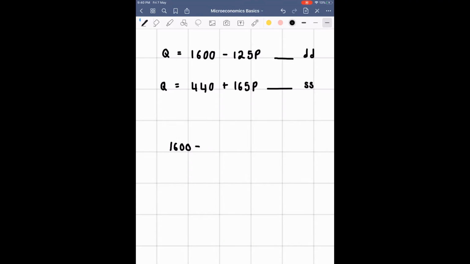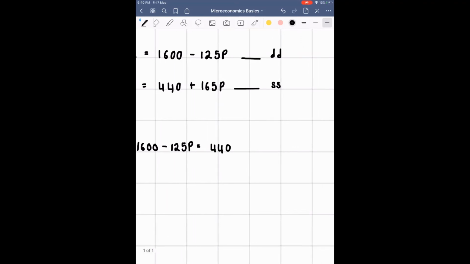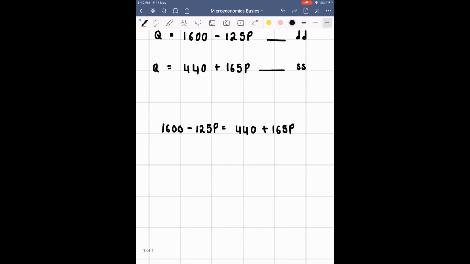1600 minus 125p equal to 440 plus 165p. Okay, let me do a little calculation here.